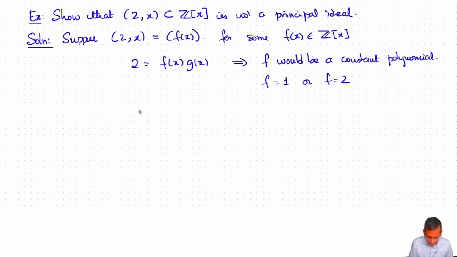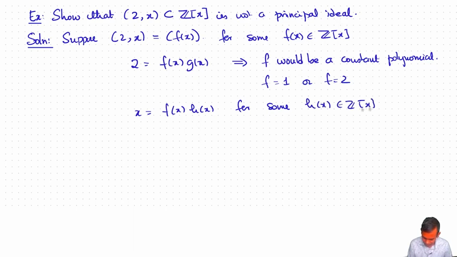And now x is going to be equal to f(x) times h(x) for some polynomial h(x). This implies that f has coefficient 1, so you cannot have f equal to 2.